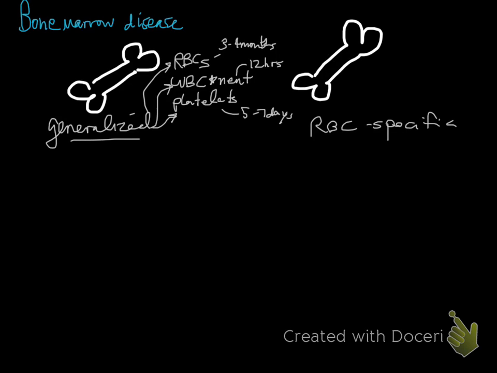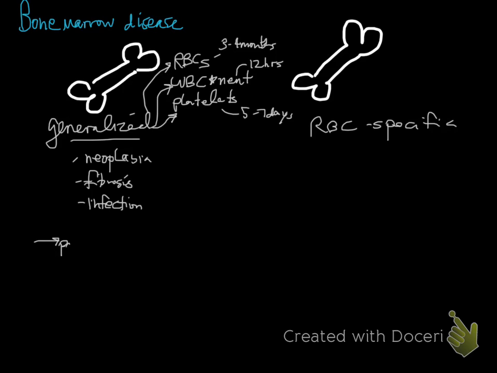Things that cause generalized marrow disease include infiltrating neoplasia, so maybe lymphoma, some sort of fibrosis, and certain infections. Lots of things can cause generalized marrow disease. I would say the most common is probably infiltrating neoplasia, but how you recognize it, at least for our purposes, is you look for other cell lines decreasing.